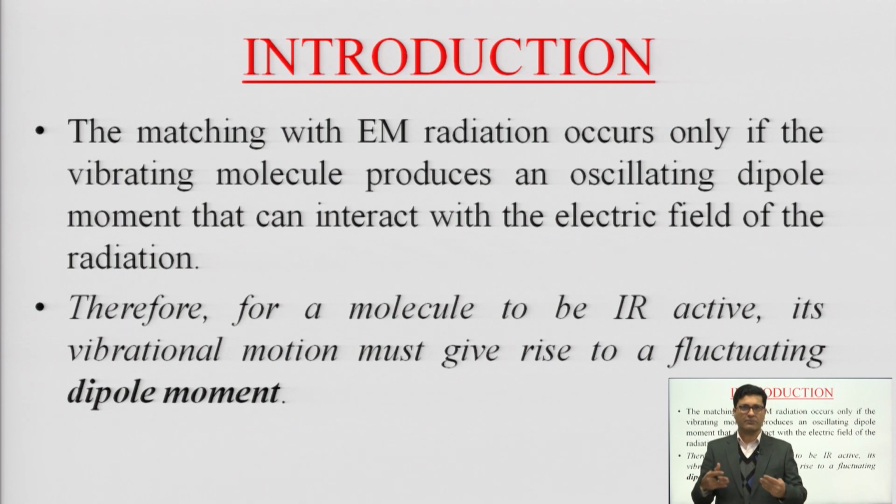This matching process occurs only if the vibrating molecule produces an oscillating dipole moment which can interact with the electric field of radiation. Therefore, for any molecule to be IR active, its vibrational motion must give rise to a fluctuating dipole moment. This is the most important criterion for any compound to be IR active.